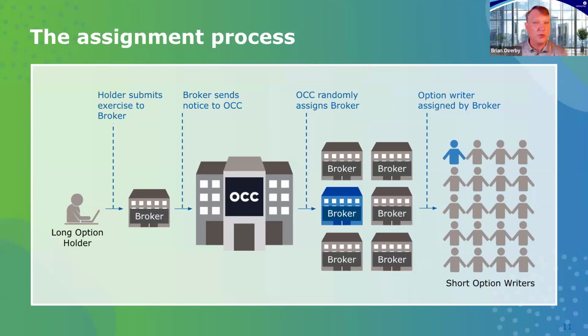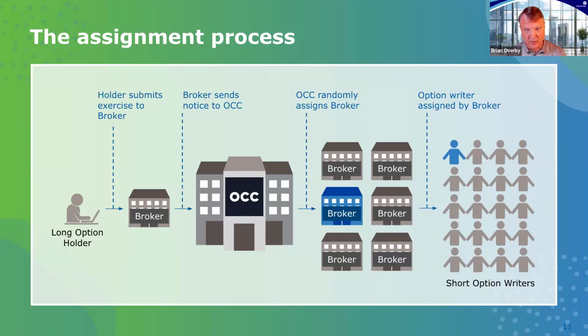It's like triply random, if you will, in that the long option holder would exercise their option contract. That goes to the broker. The broker then sends that notice that somebody is exercising to the Options Clearing Corporation. And the OCC, which it is commonly referred to as, is a very important cog in the wheel, because they make sure that the person on the other side of the contract is going to make good on their obligation.